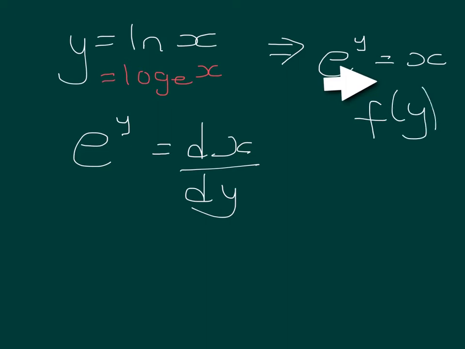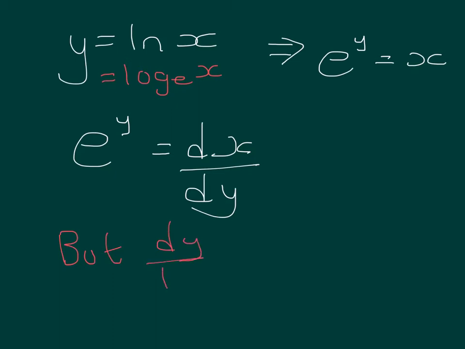So it'll be the differential of x with respect to y. So we've got dx by dy, but what we actually want is dy by dx. So dy by dx is just the reciprocal of dx by dy. This is equal to 1 over dx by dy.